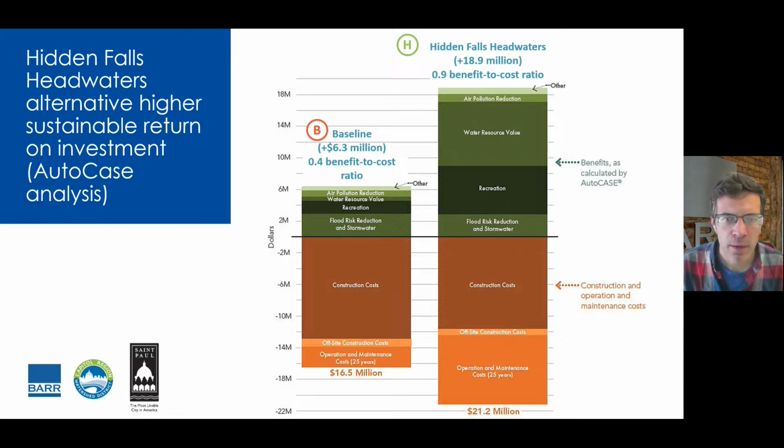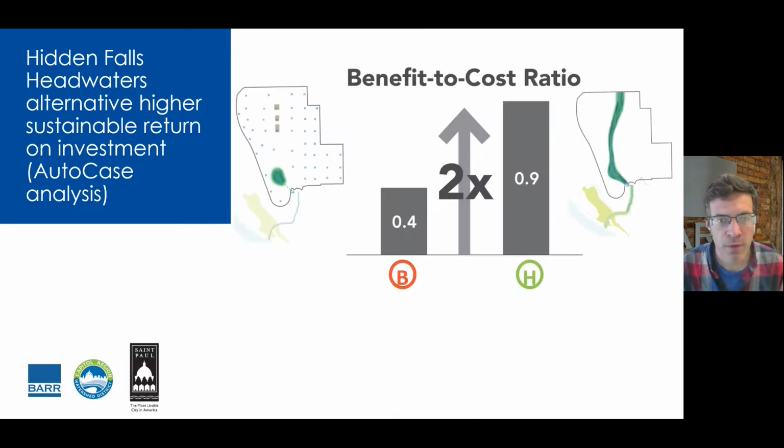We quantified a number of factors: job wages, recreation value, water resource value, how connected people can be to the water resource, even an air pollution benefit, and weighed that versus construction costs. We really found that the district system provided a lot more benefits on the metrics that we looked at.